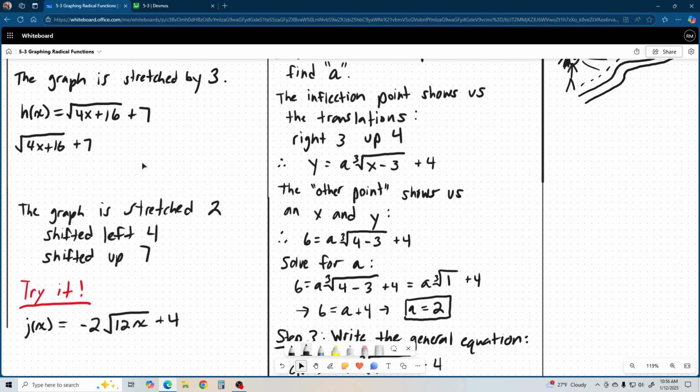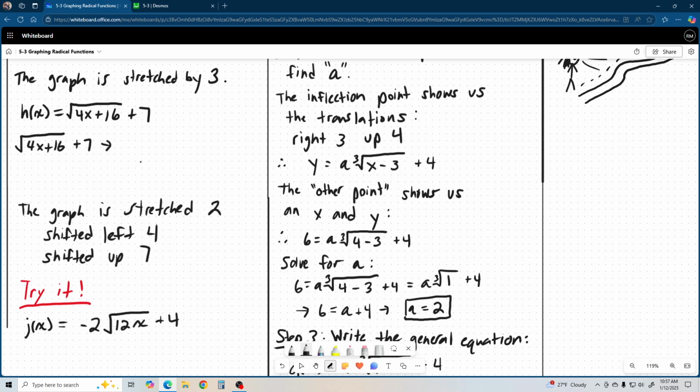So if we break down the numbers inside the radical, we can pull out as much as possible, and that can simplify the scale factor in this case, like the amount that we're increasing it by. So if I have 4x plus 16, all that plus 7, what I can do is take this 4x plus 16.